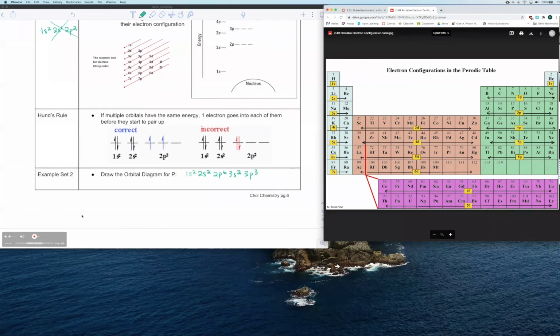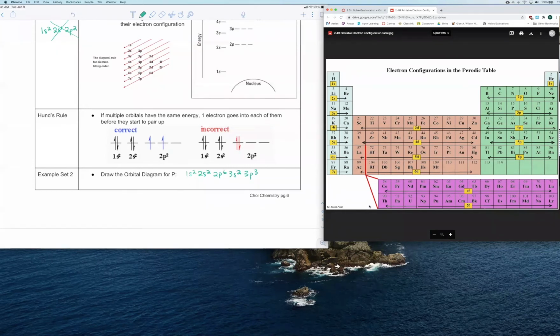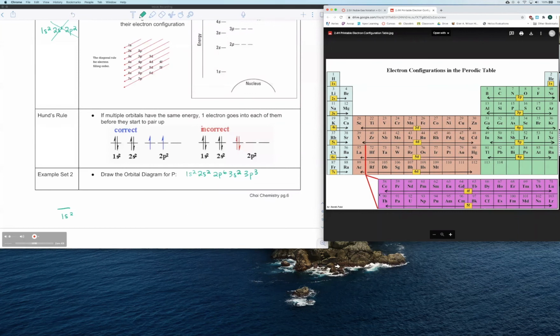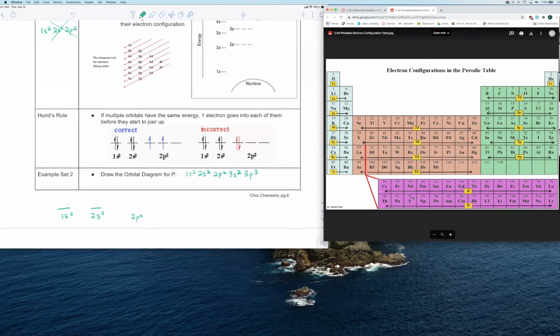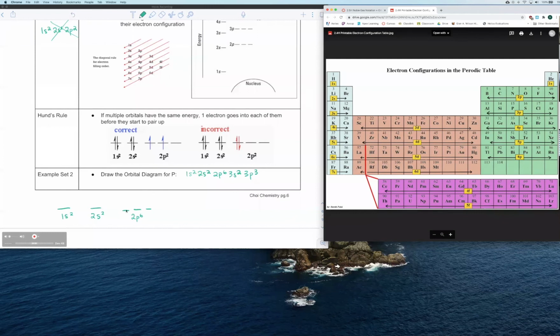Okay, and then now I'm going to draw lines or boxes representing each orientation of the sublevels that I have. So my 1s2 has just one orientation, right? All my s orbitals have one orientation. And then when I hit a p orbital, remember you have three orientations, one on the x-axis, x, y, z.